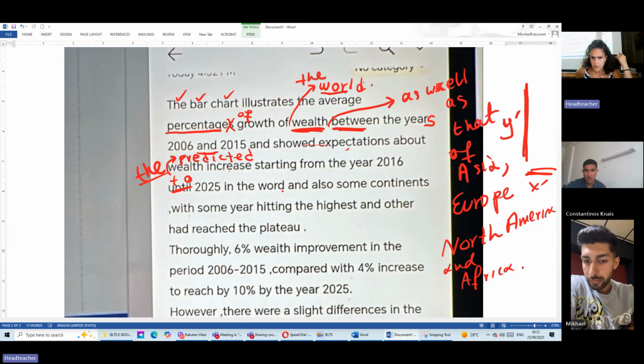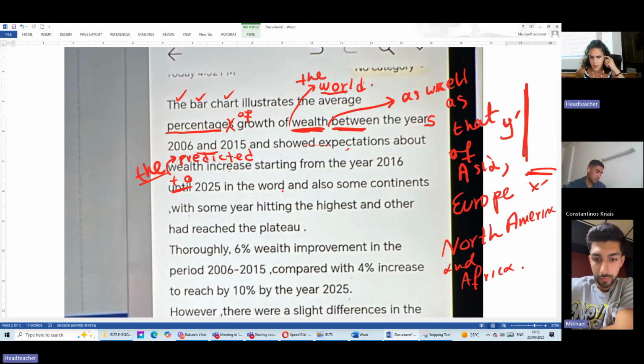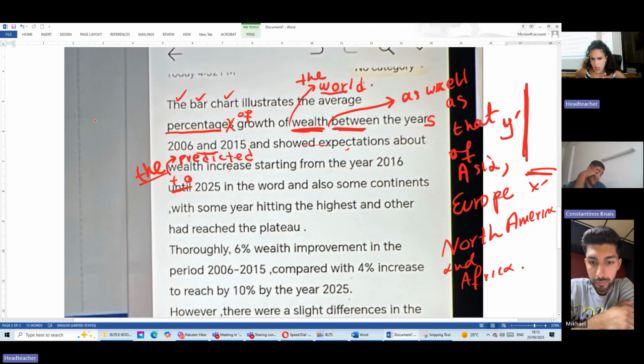Yes, Constantino. Teacher, can we say after we wrote between 2006 and 2015, and also provides projections for the period of 2016 to 2025?